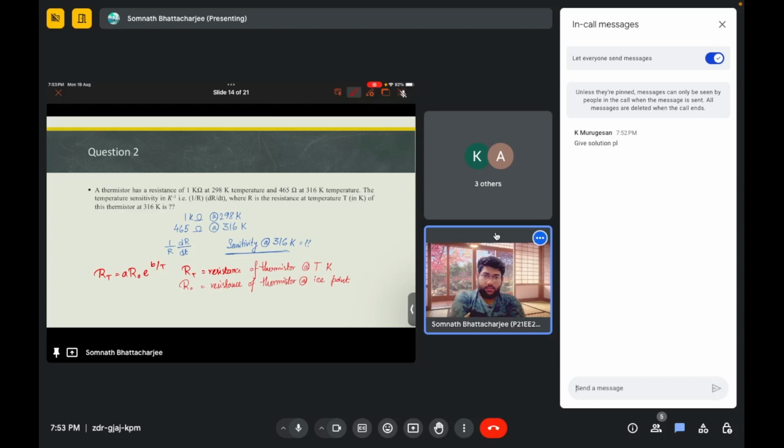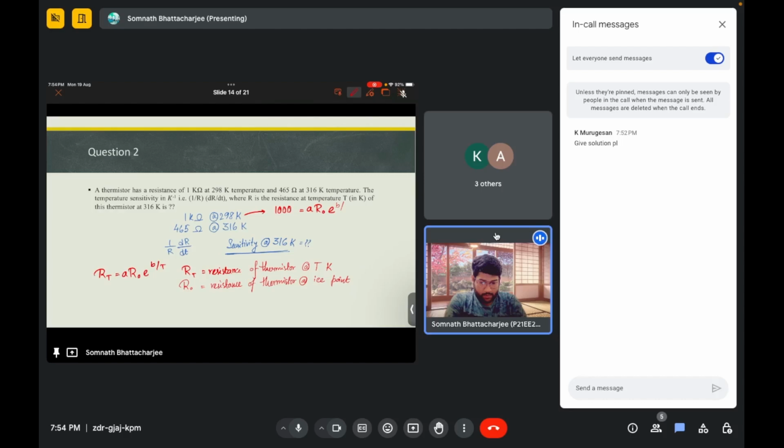So from the equations, from this one maybe, we can write that 1000 equals A R_0 e^(B/298), right? This is given in the equation. And from this one as well, we can write 465 equals A R_0 e^(B/316).